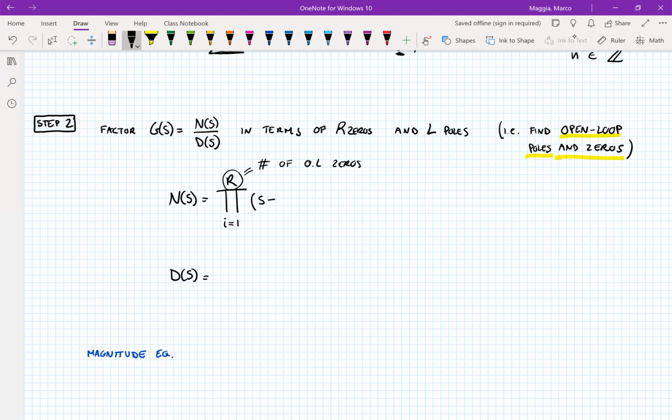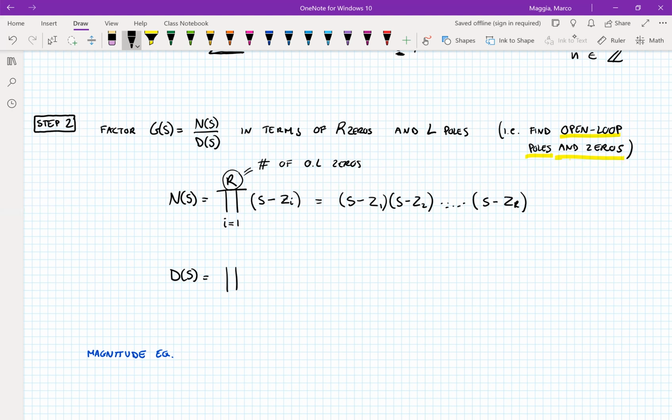And this has S minus Zi. In expanded form, you just write all the factors: S minus Z1 times S minus Z2 times all the way to S minus ZR, where Z1, Z2, all the way to ZR are all the zeros of G of S.